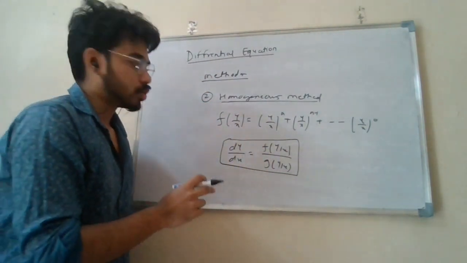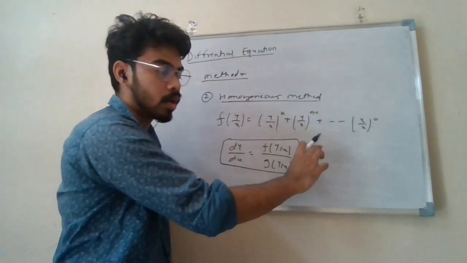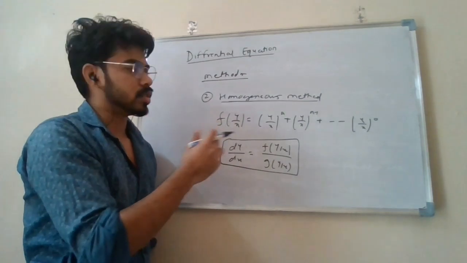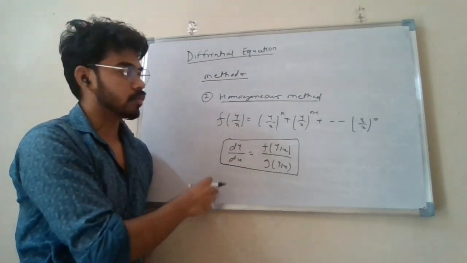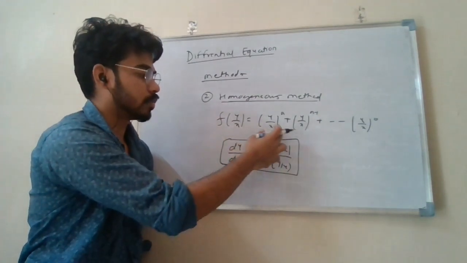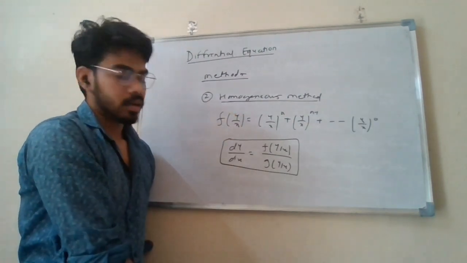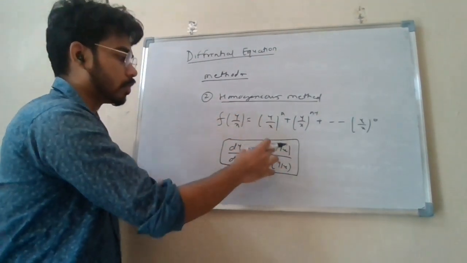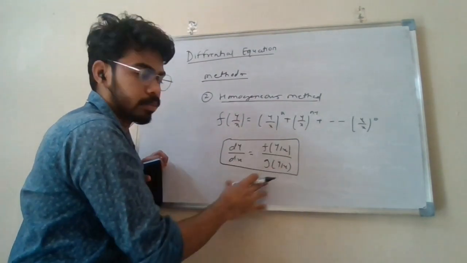In the question, the given differential equation may not directly be in that form or in variable separable form. We have to simplify it first, and then see whether the variables are separated or the function looks like f of y by x by g of y by x, and then proceed according to the form. If dy by dx is equal to f of y by x and g of y by x like this, it is a homogeneous type differential equation.